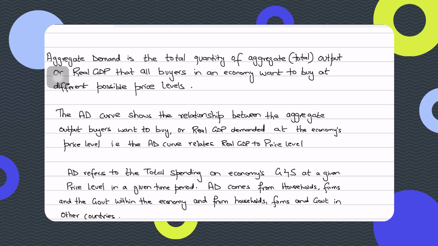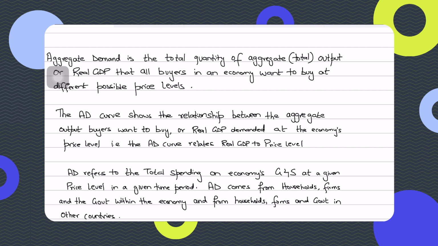And when we talk about aggregate in economics, aggregate means adding it all together, right? So unlike demand that we studied in microeconomics, which analyzes individual consumers in individual markets for individual goods, like the market for chocolates or bicycles, aggregate demand in macroeconomics would include all the buyers and the real GDP that they demand across the entire economy.